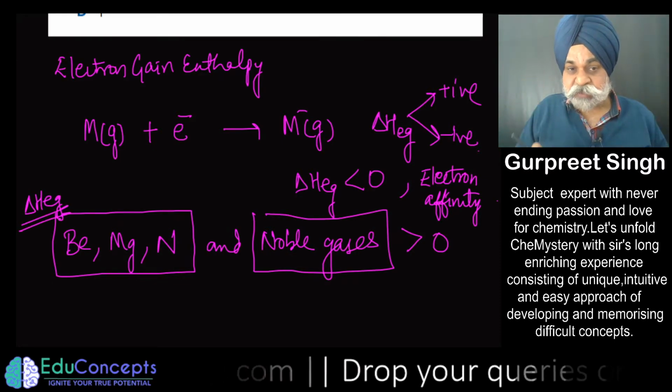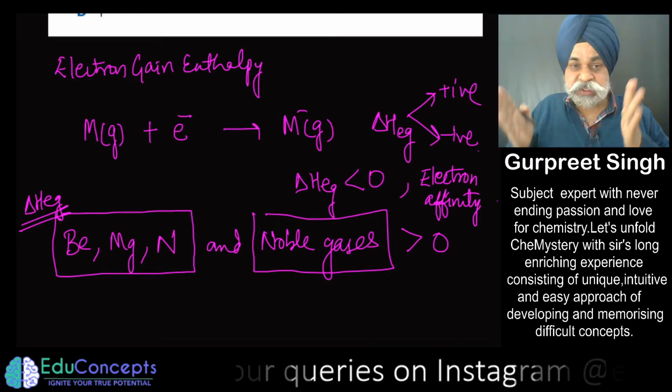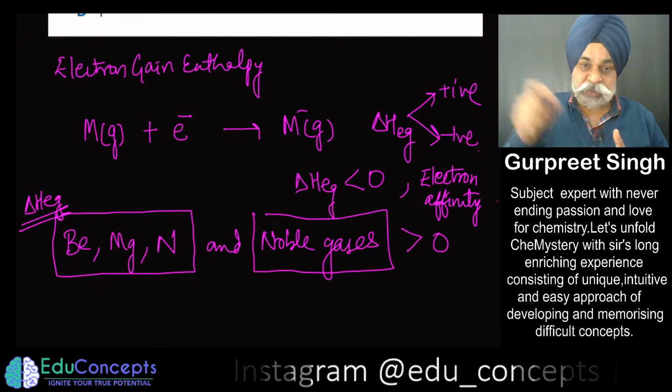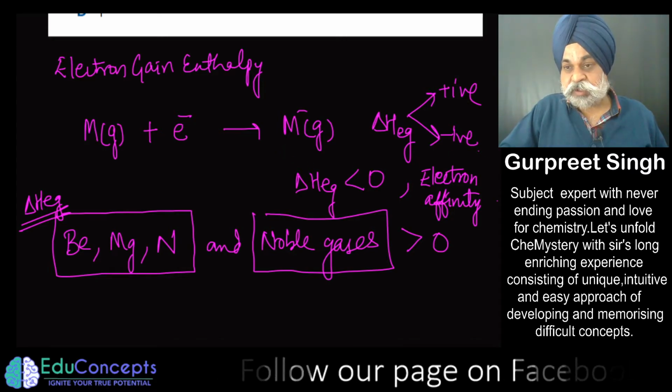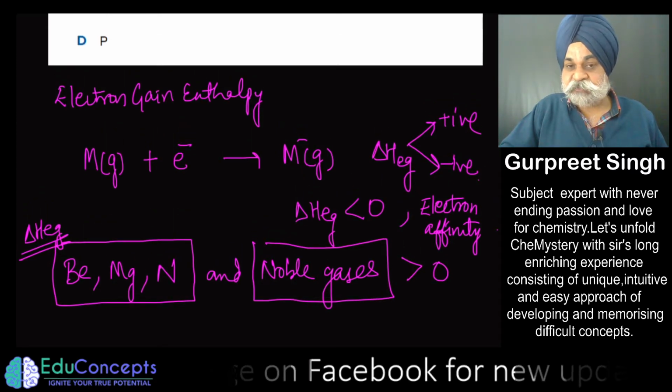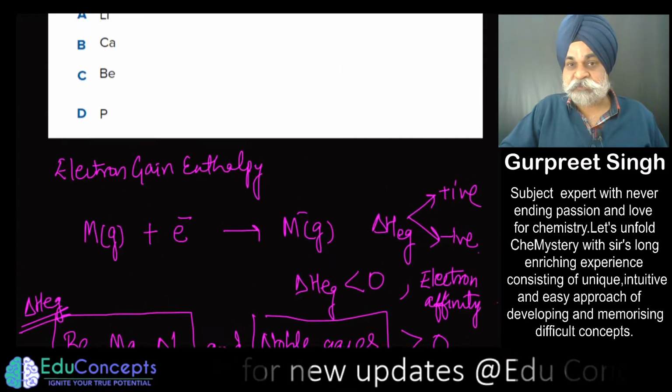What does it mean? Into these elements, when taken in the gaseous state, if you put an electron, energy would be required. This is the fact we have received from experimental evidence.